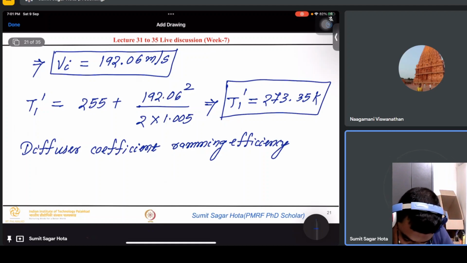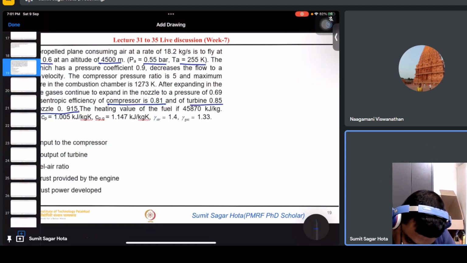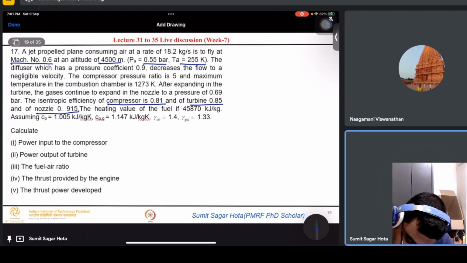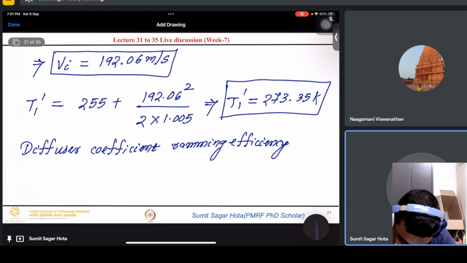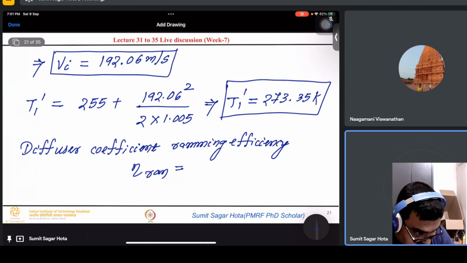Where did this come from? See, it's written that the diffuser has a pressure coefficient of 0.9. So what is your ramming efficiency? If a diffuser has an efficiency mentioned in the question, that means it's ramming.